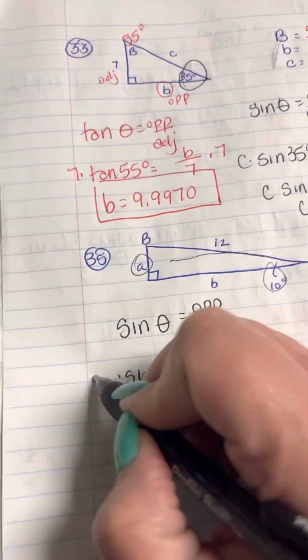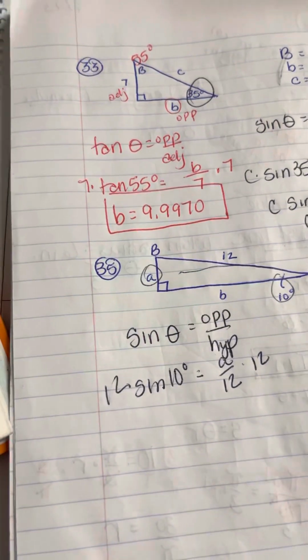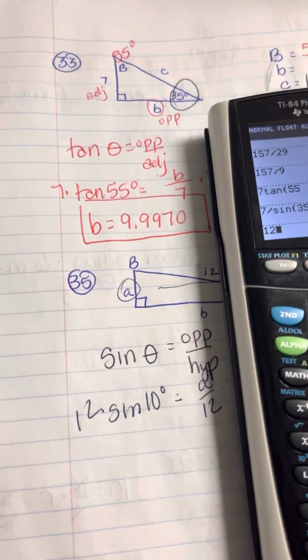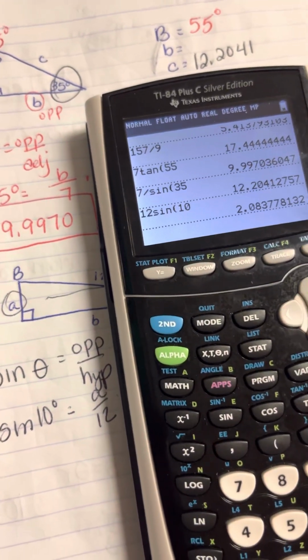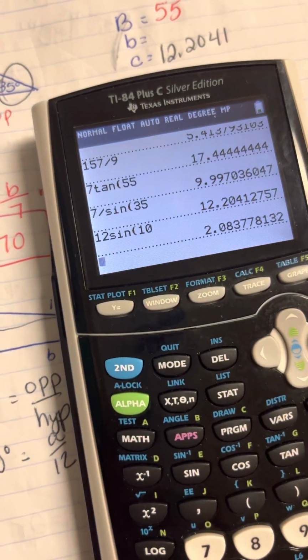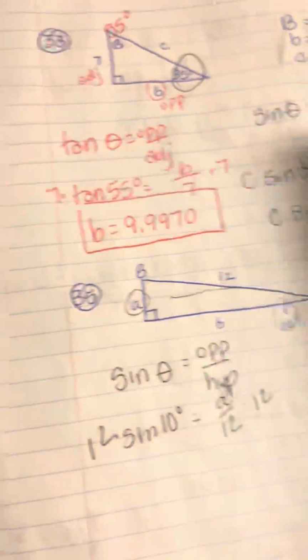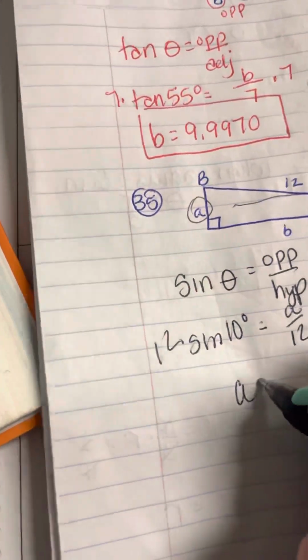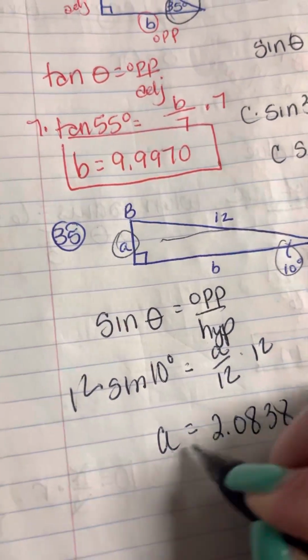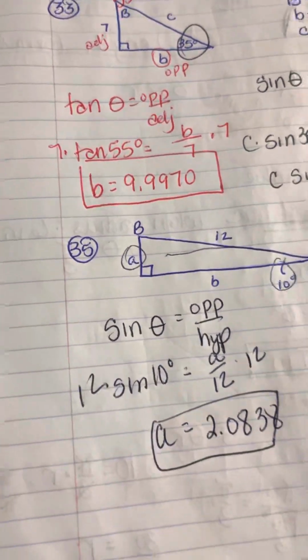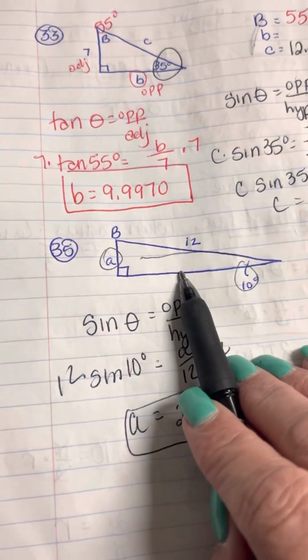Get A alone by multiplying both sides by 12. Pick up my calculator, do 12 times the sine of 10 degrees. And we get 2.0838. So A equals 2.0838.